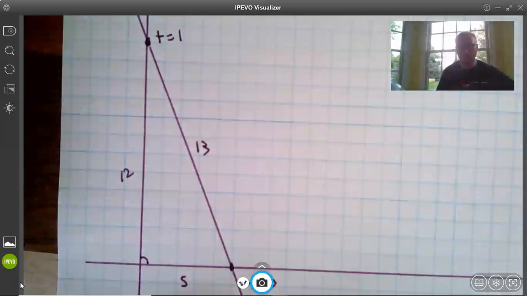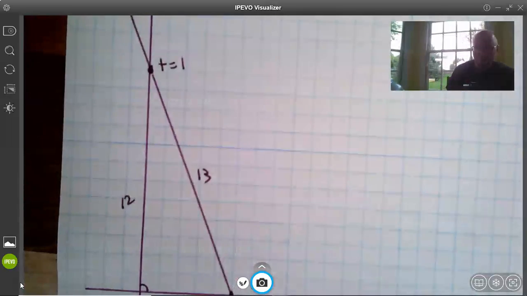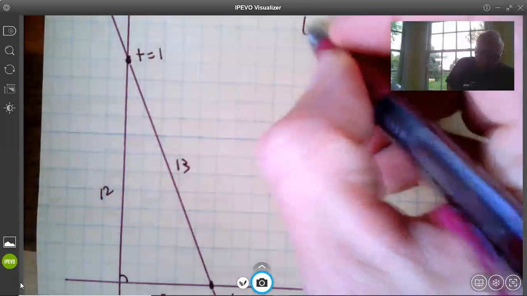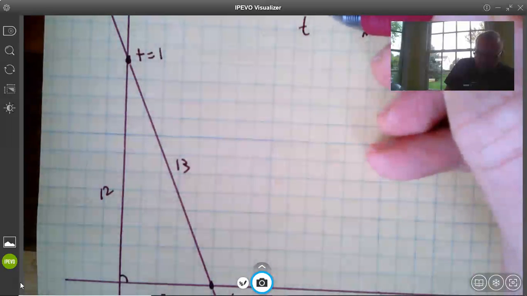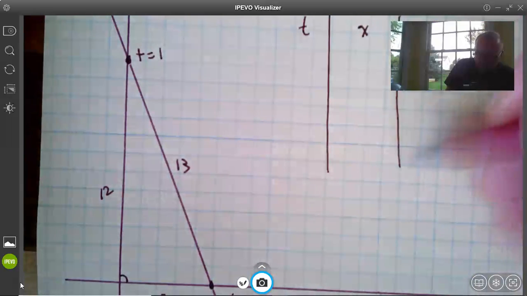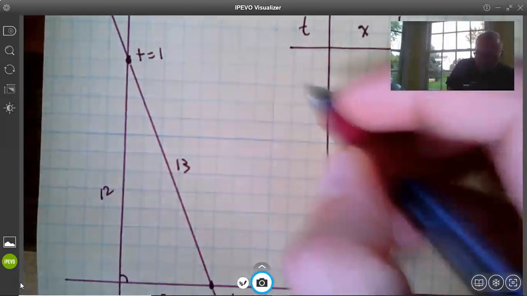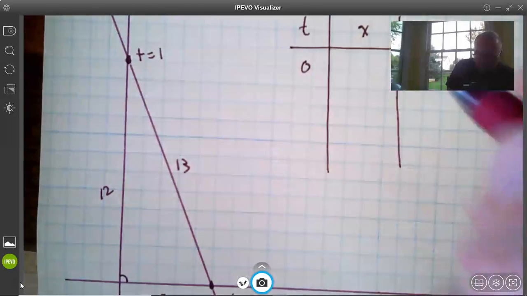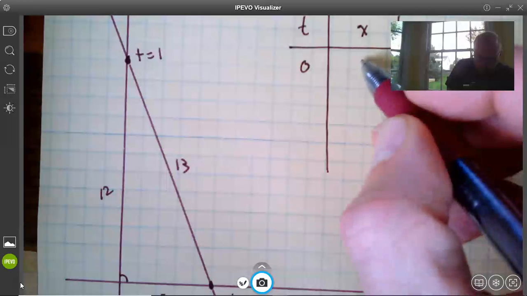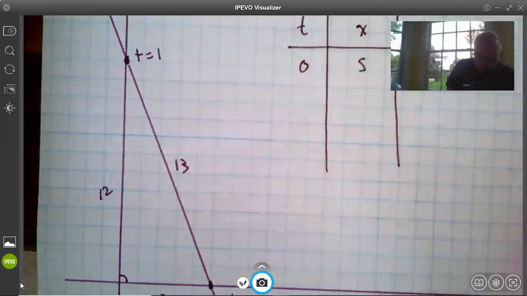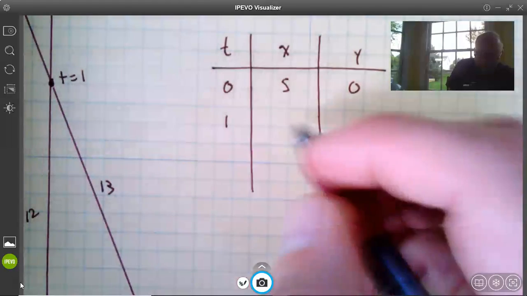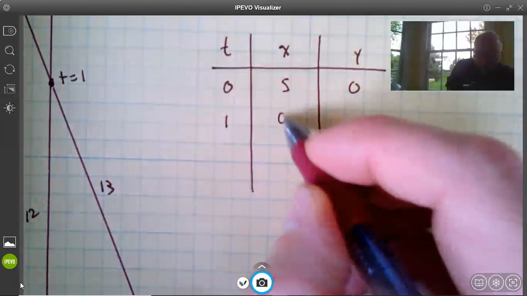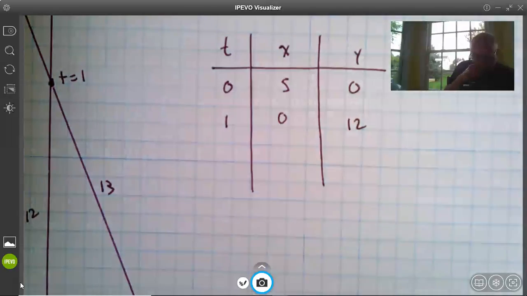All right, and then we're asked to figure out where the bug is at t equal to 2 and negative 1. So we're going to write an equation for this. Let's set up a table: t, x, and y. At time equal to 0, we're at the point 5, 0. And at time equal to 1, we're at the point 0, 12.